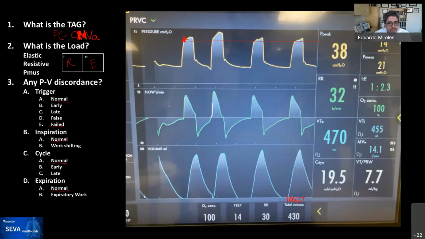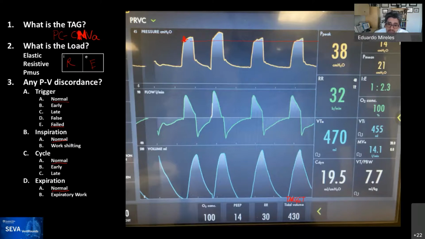Alrighty. So let's talk a little bit about the load. Mohammed talked about a component of resistive and elastic, so different discrepant loads. Usually, the majority of the time, the load is concordant, meaning if it's elastic during inspiration, it's going to be elastic during expiration.